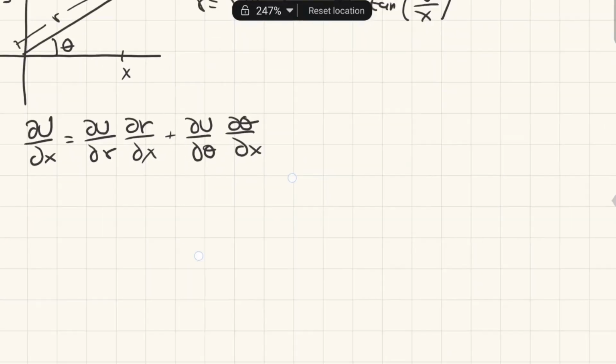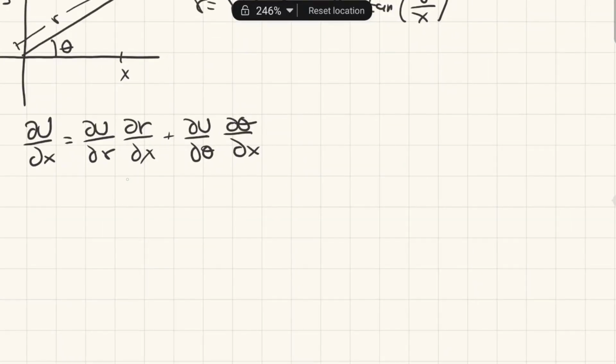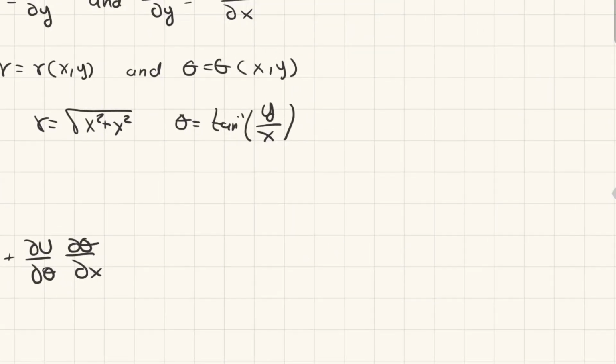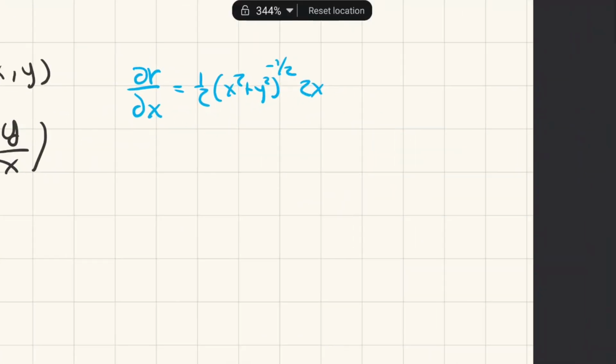Okay, so we are going to be interested in calculating the derivative of r with respect to x and the derivative of theta with respect to x. From here, we can do that easily. For example, the derivative of r with respect to x is going to be 1/2 times (x squared plus y squared) to the negative 1/2, and then 2 times x.